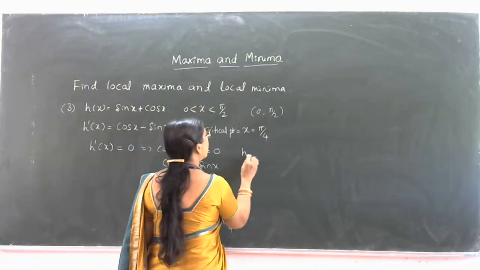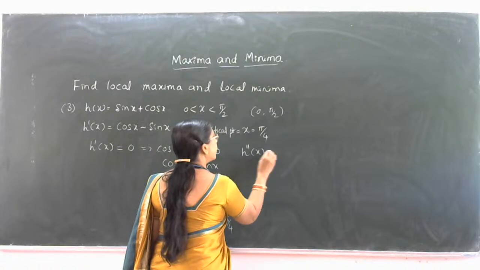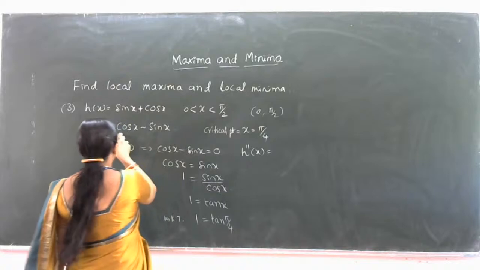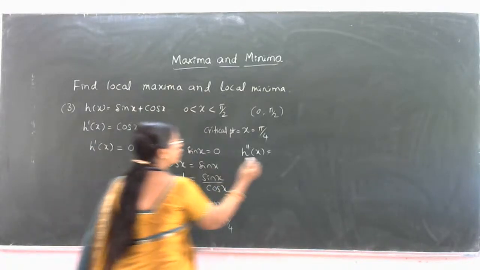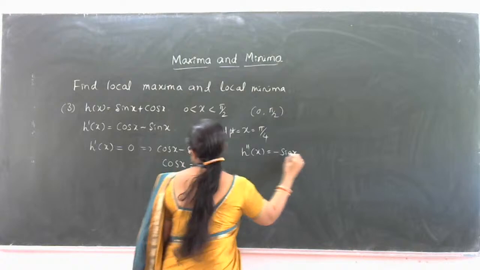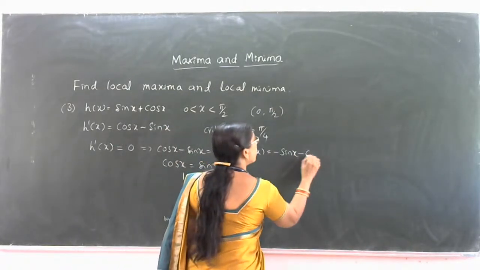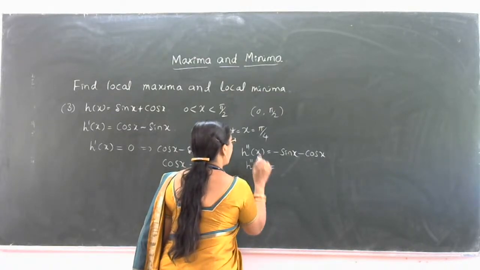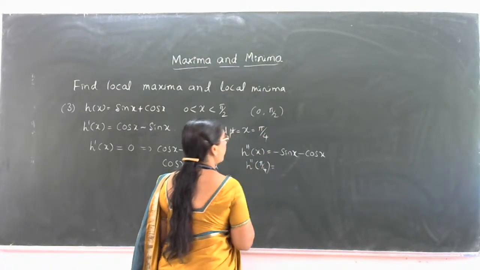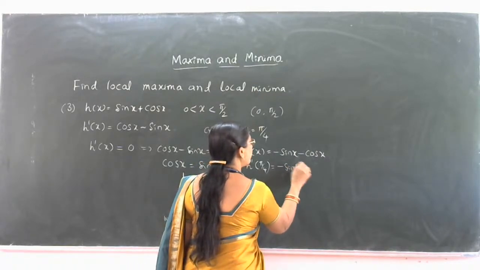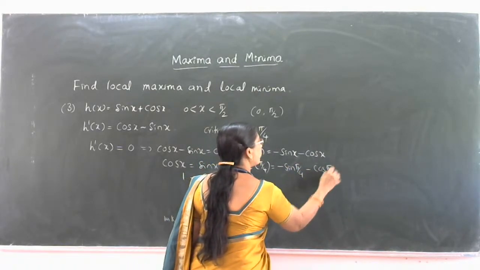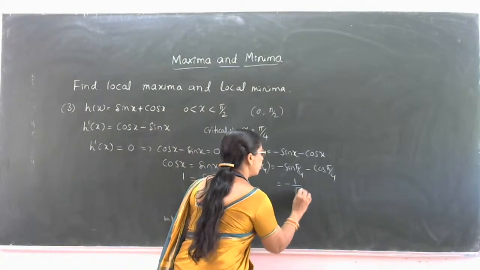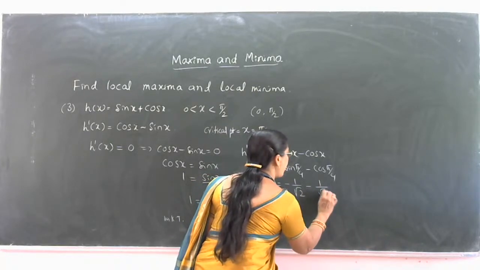Then we find the second derivative of the function, h double dash x, which is equal to the derivative of the derivative function. Derivative of cos x is minus sin x and derivative of sin x is cos x, so minus sin x minus cos x. At x equal to pi by 4, minus sin pi by 4 minus cos pi by 4, where sin pi by 4 is 1 by root 2 and cos pi by 4 is 1 by root 2.